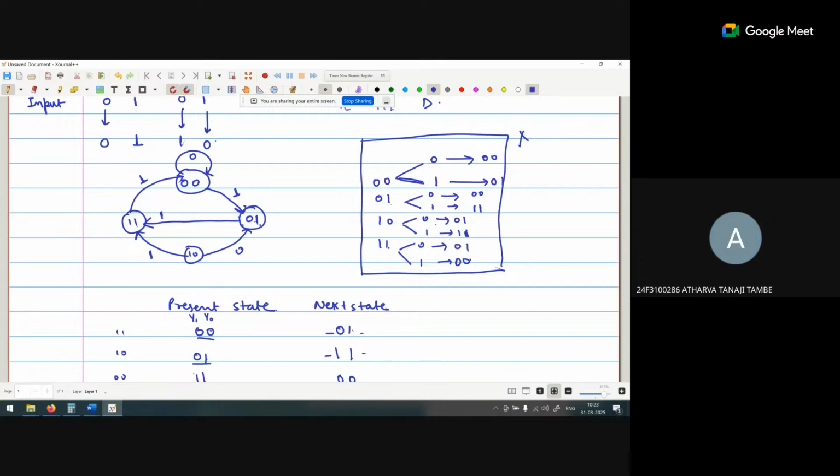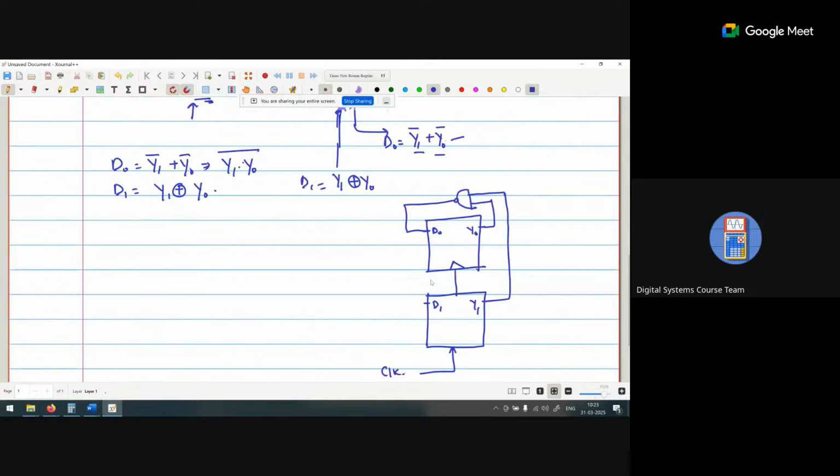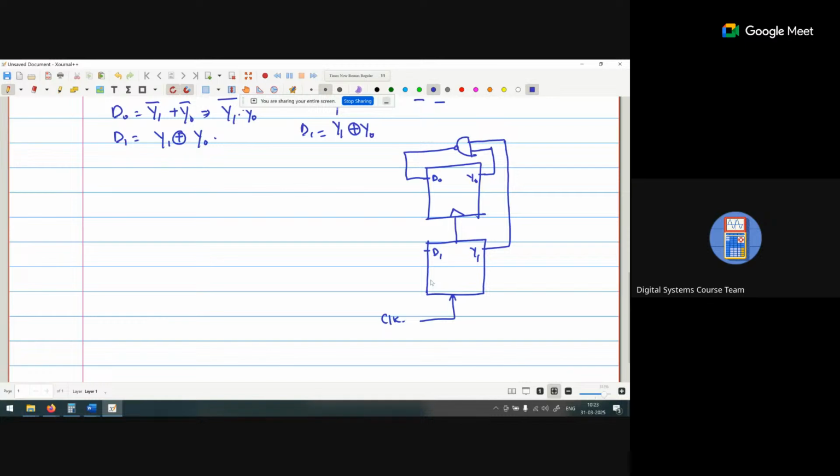So here the input is used with the state diagram only. We are not considering this one, we are only considering this one. Clear? Yes, sir. Now, what is D1? D1 is y0.